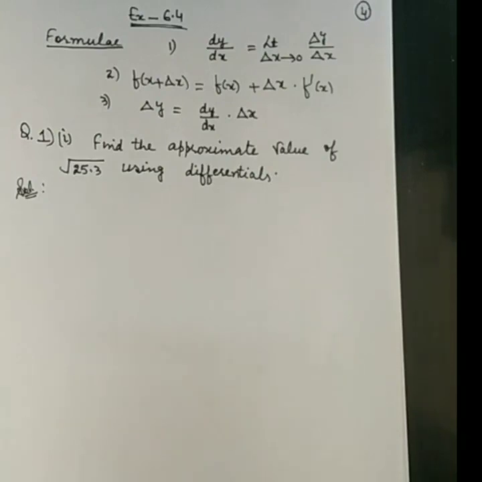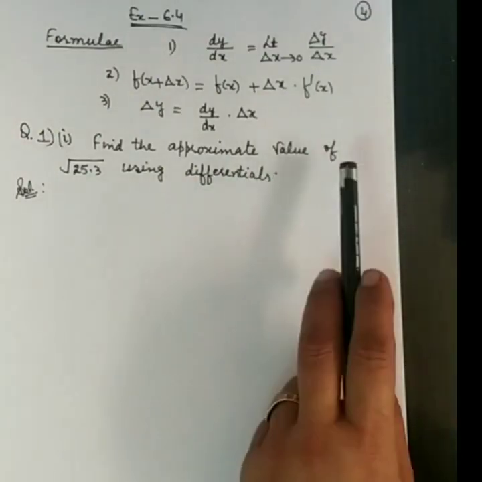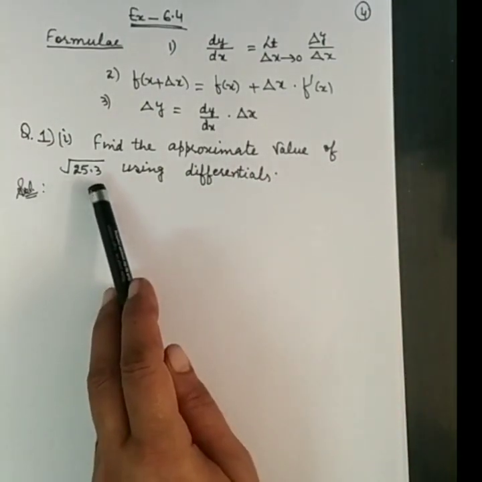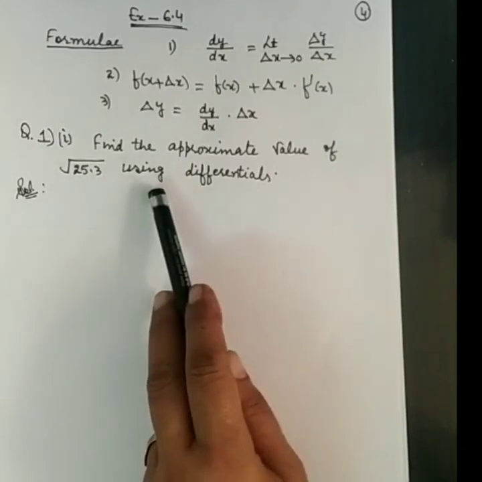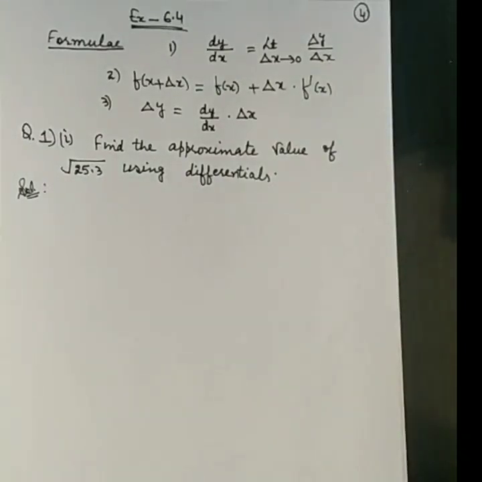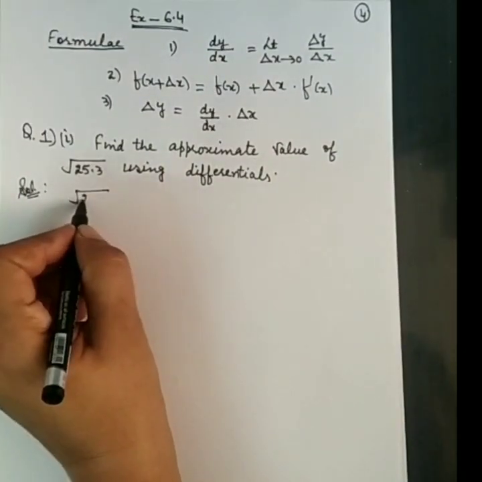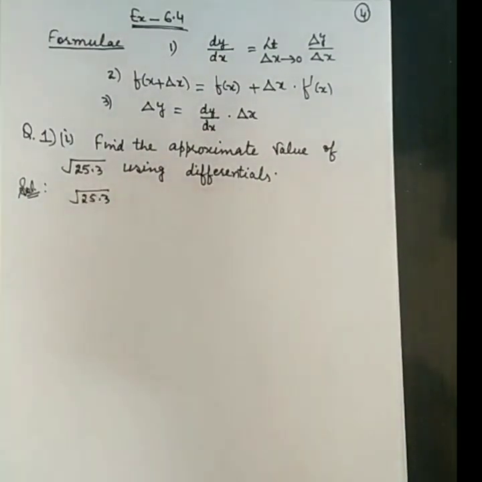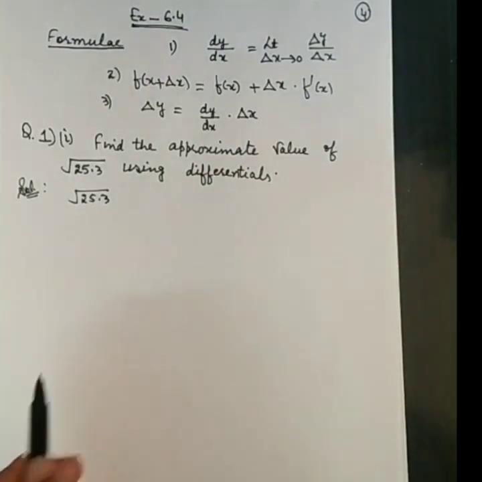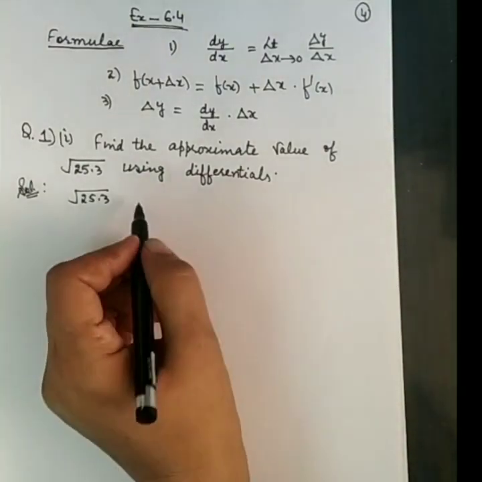Now question first, find the approximate value of square root 25.3 using differentials. You have to find the value of root 25.3. Now first step, identify the function.